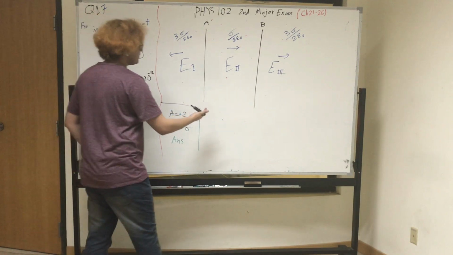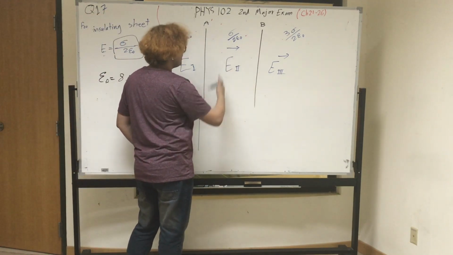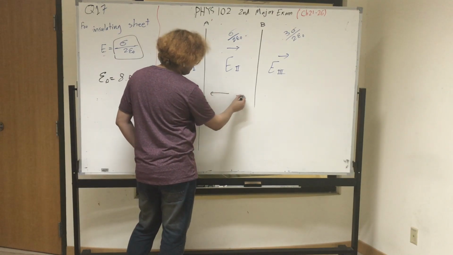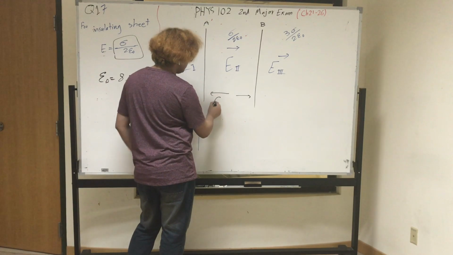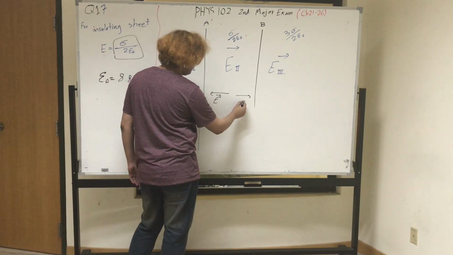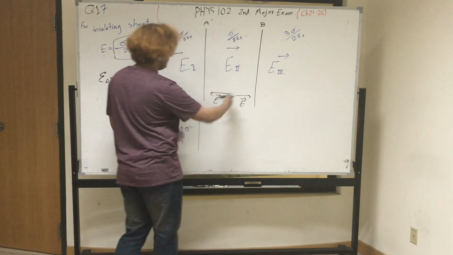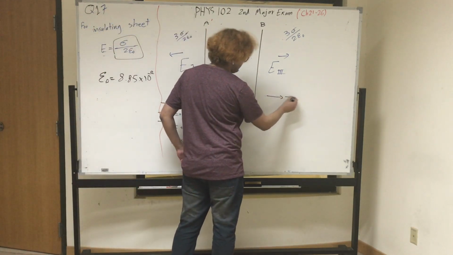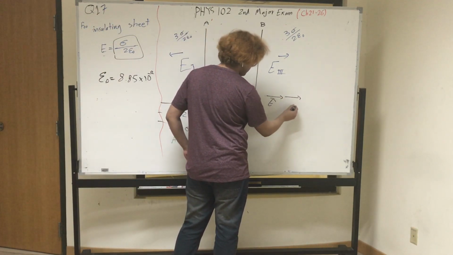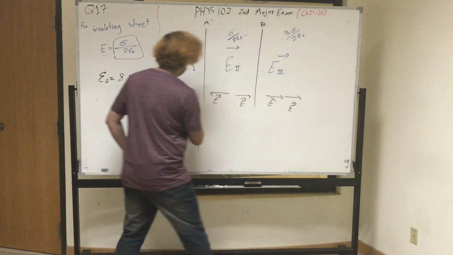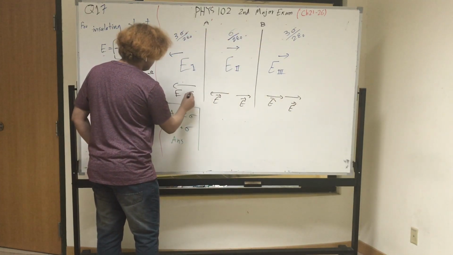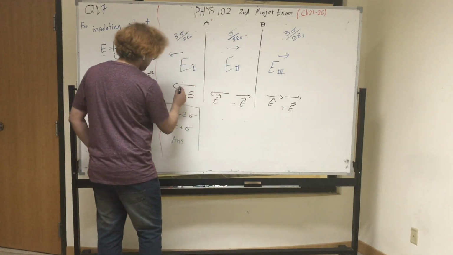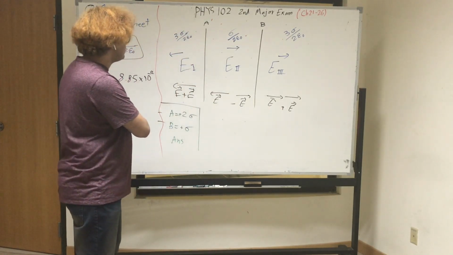It means that inside here in the middle, we have subtracted two values: some electric field going in this direction, and some electric field going in that direction. And out here, we have added two electric fields. Same on here. It's an addition.